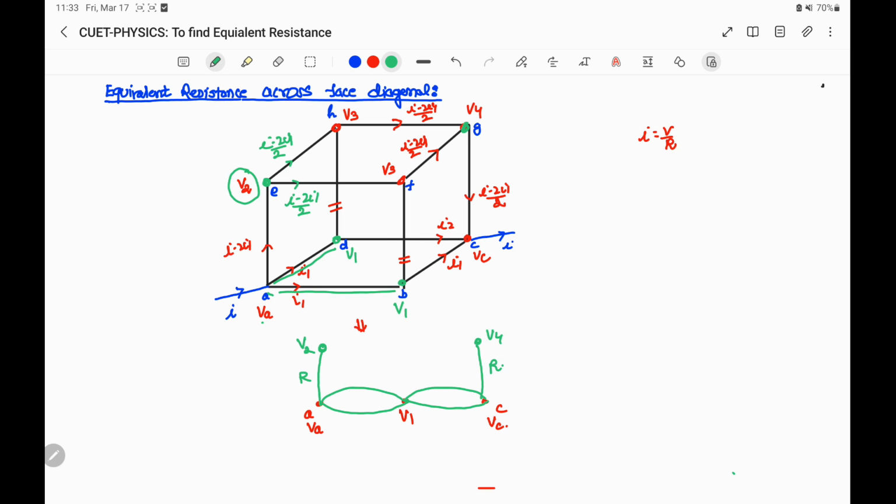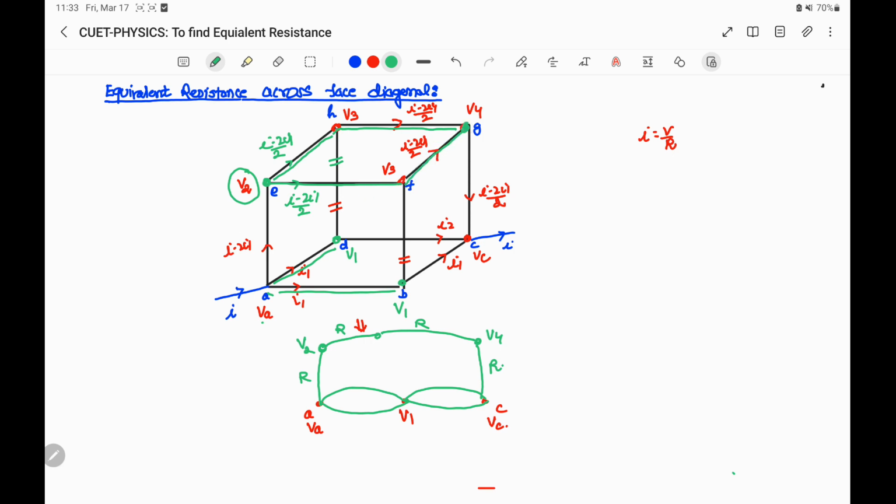From V2 to V4, we have two branches, one from E to H and H to G. The branch DH is already removed because there is no current. So EH and HG are in series. This is one of the series, this is R, this is R. Another one is EF to FG.